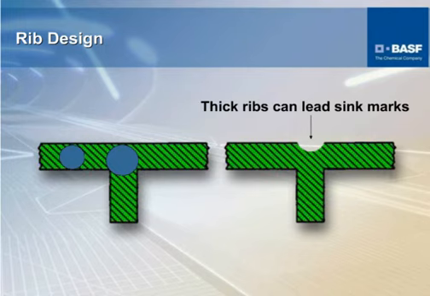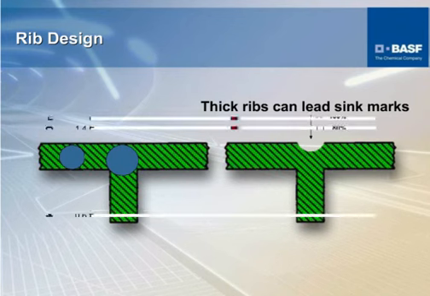This is one way to evaluate it: put a circular section throughout the cross-section, and this one here is thicker. This circle is a larger circle, so therefore you're going to have a large sink mark here. If you can go to a thinner rib, you'll have a more uniform circle, and therefore you won't see it as readily.